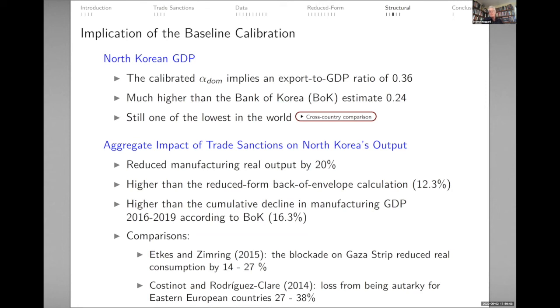Like what would happen if you just ran some counterfactuals where North Korea was able to smuggle around 20% of the sanctions or 30% of the sanctions. Things like that would be really valuable and I think more directly intuitive than the general equilibrium model.